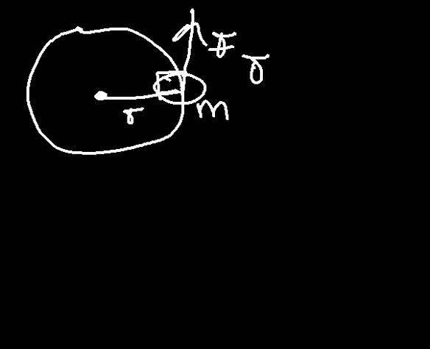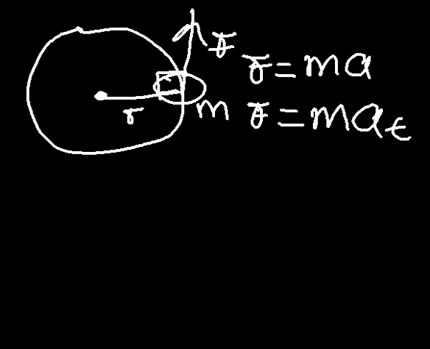We know that the force responsible for the acceleration is given as mass times acceleration. Since the force is tangential to the circle in which the object is moving, this acceleration is the tangential acceleration. So have it as F equals mass times the tangential acceleration.